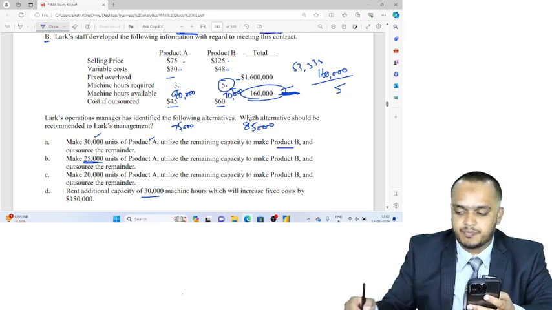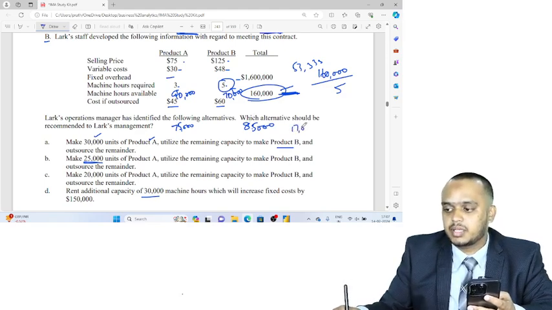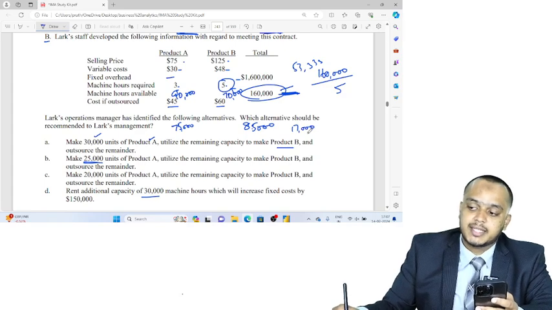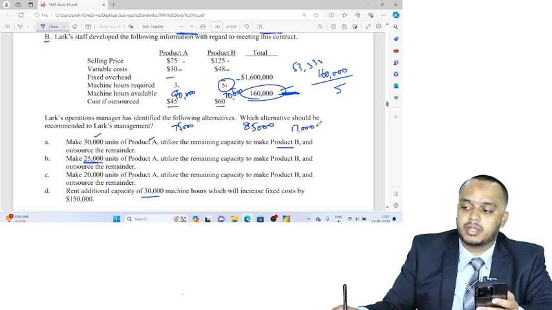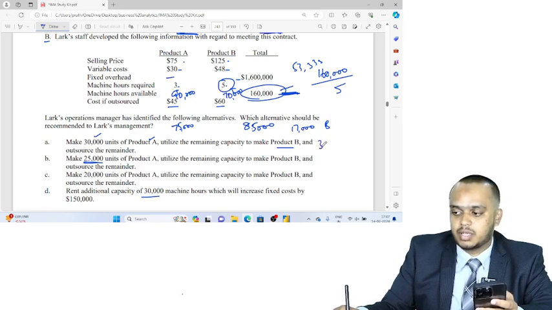Divided by 5, I can produce 17,000 units. 3,000 I have to outsource because the demand is 20,000. For product A, I am able to produce 25,000 units, and 5,000 units I have to outsource.